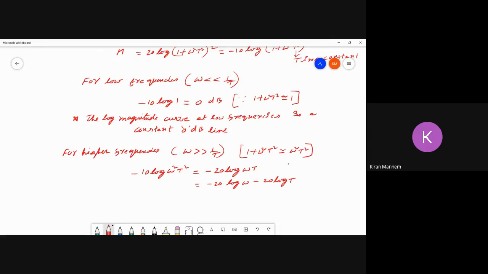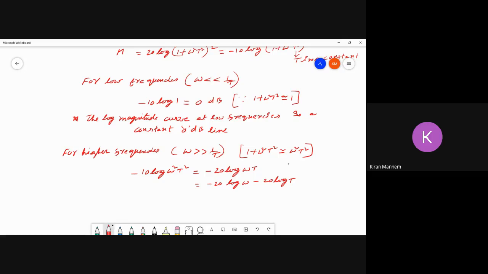So I can say one more point here. The log magnitude versus log frequency curve of 1 by 1 plus j omega t can be approximated by two straight line asymptotes. One is a straight line at 0 dB for lower frequencies, and the other one is again a straight line with a slope of minus 20 dB per decade.